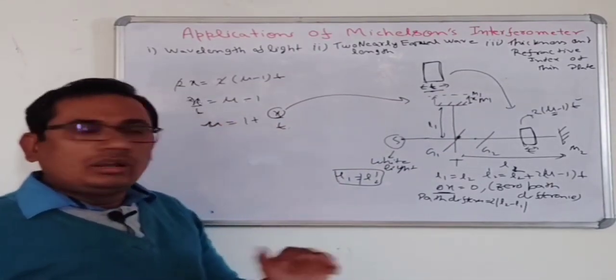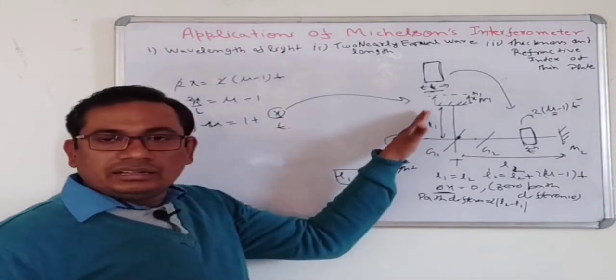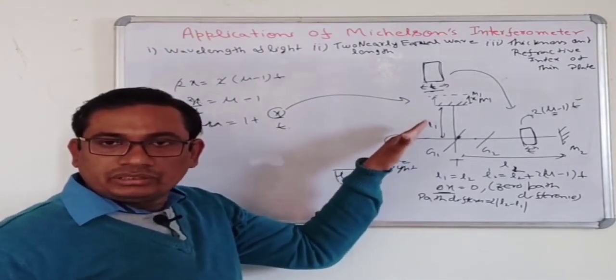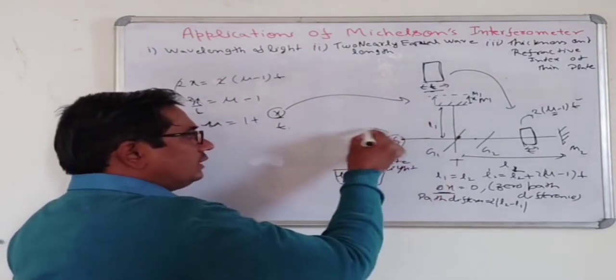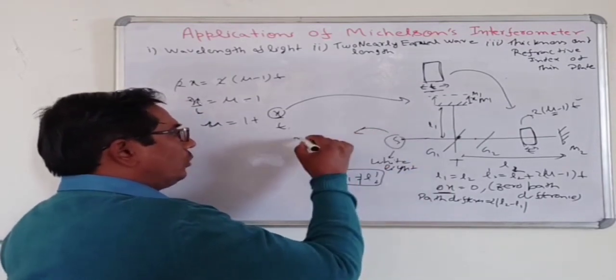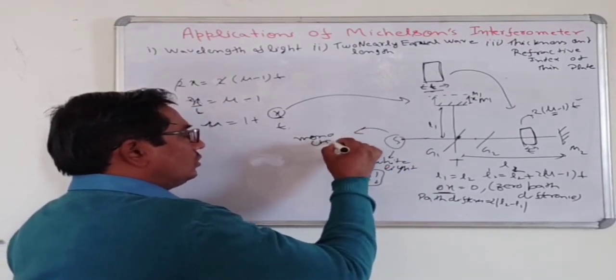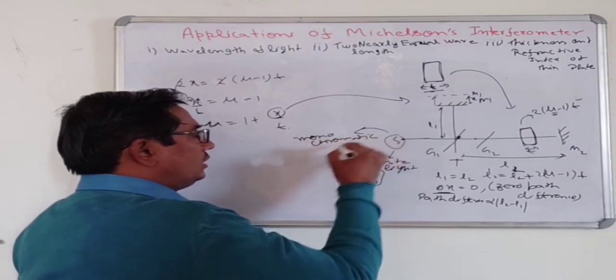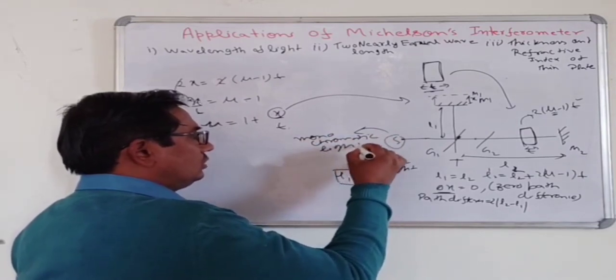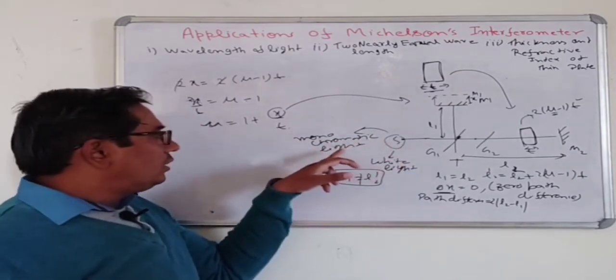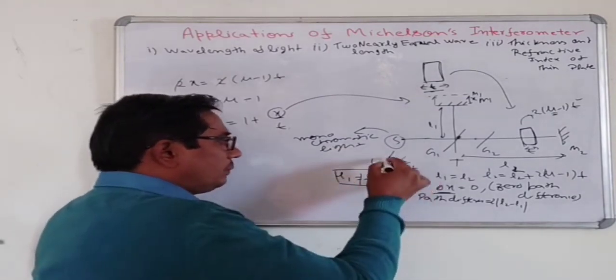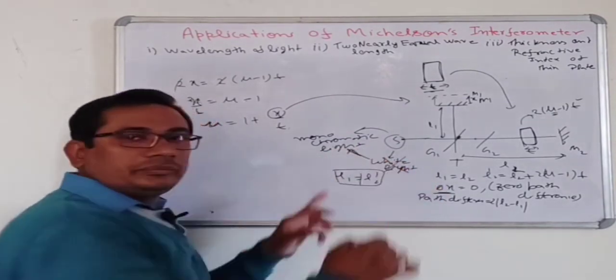Okay. Now suppose at that condition, this present condition, you replace this white light by a monochromatic light source. Now this one will be replaced by this one.